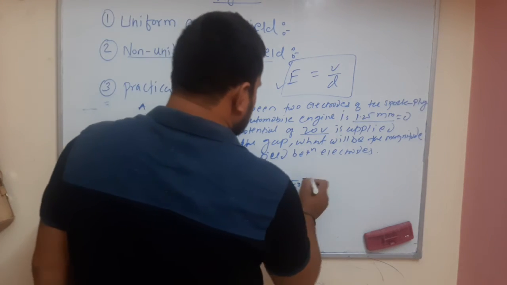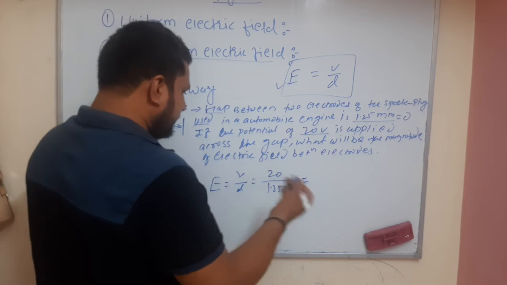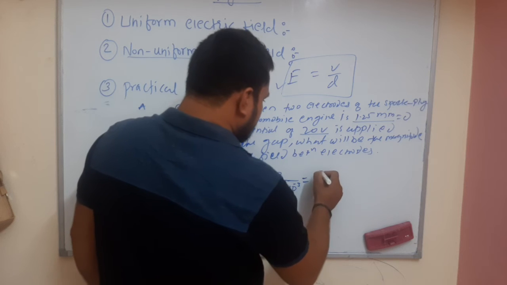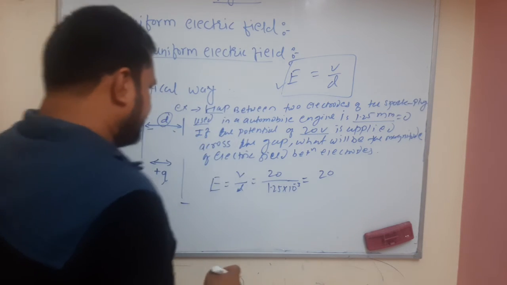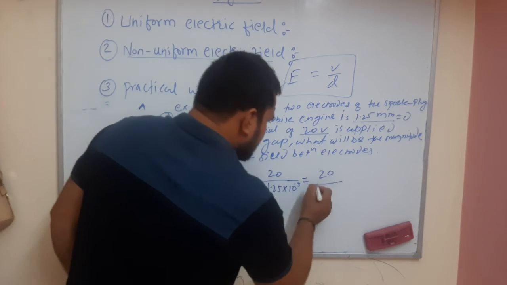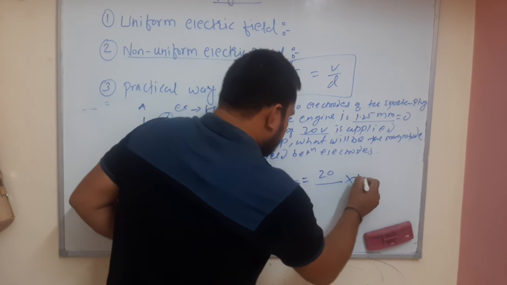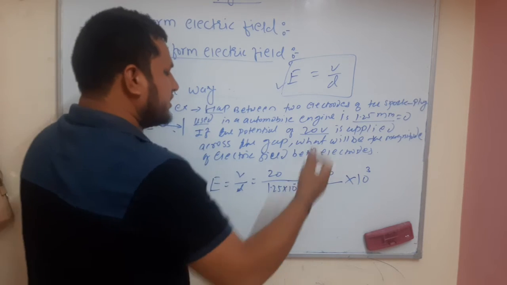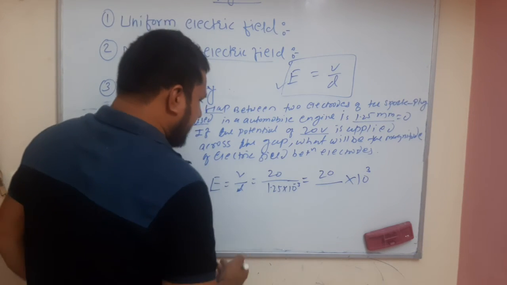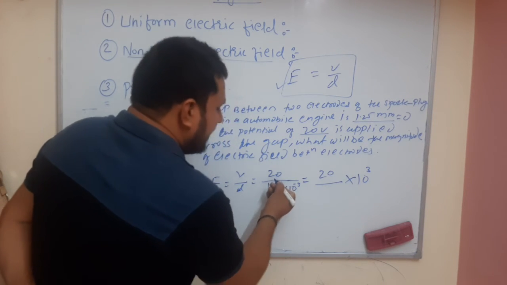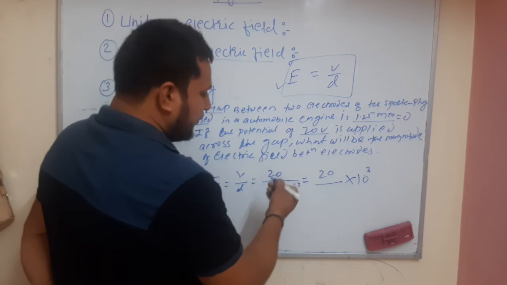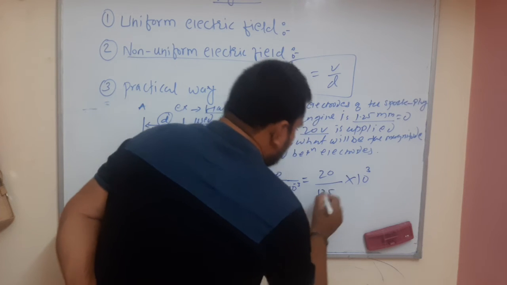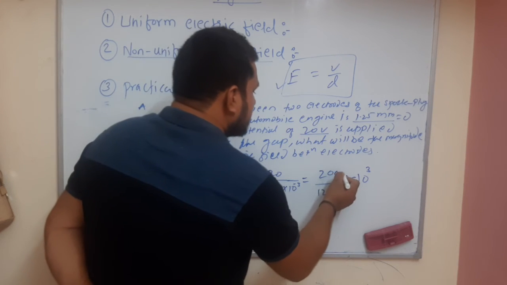Now just solve it. Here we can multiply by 10 raised to 3; it becomes positive when we move the denominator to the numerator. Now this is 20 divided by 1.25. So instead of 1.25 we make it 125, just put two extra zeros here.